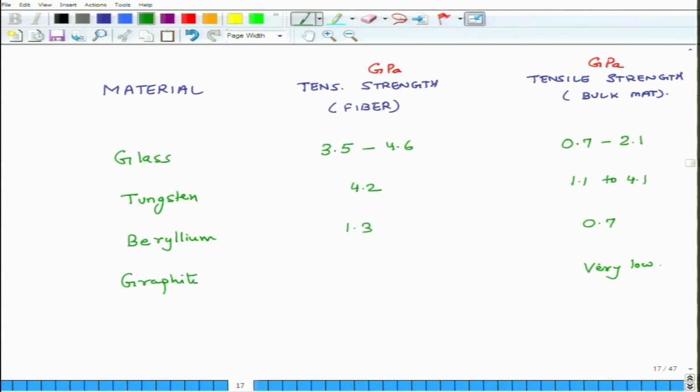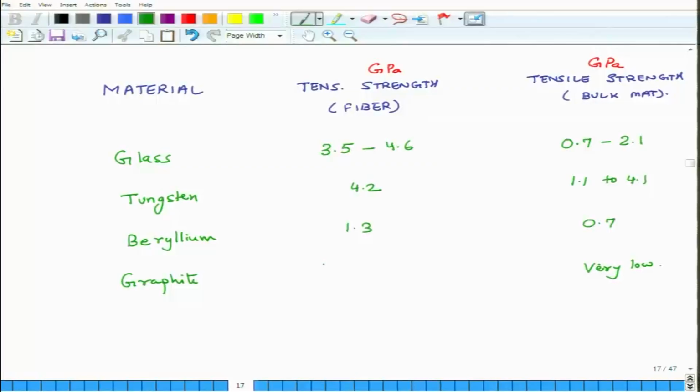For instance, if you take a piece of pure coal, anthracite coal, which is almost 99+% carbon, and you pull it, it will break. It does not require a lot of effort to break it. But if you take a graphite fiber and measure its strength, it is extremely high, 2.2 to 2.25 gigapascals.